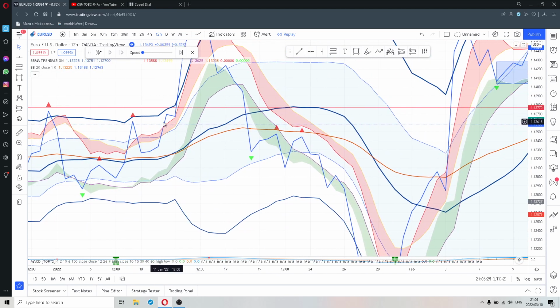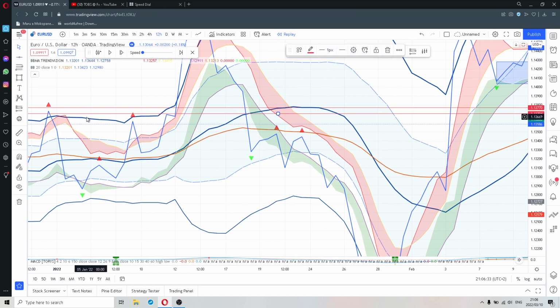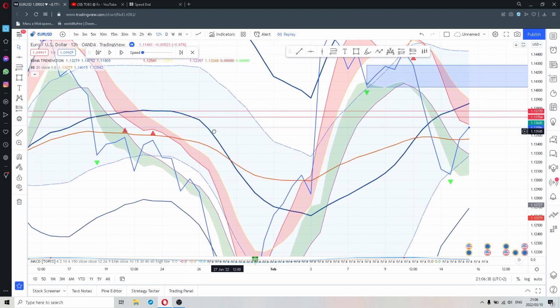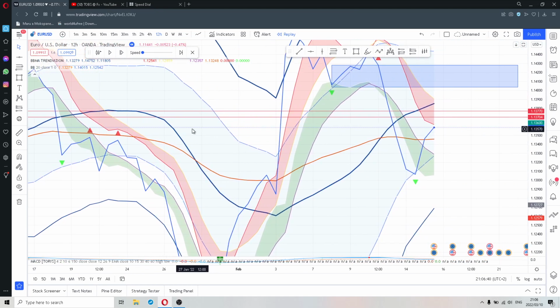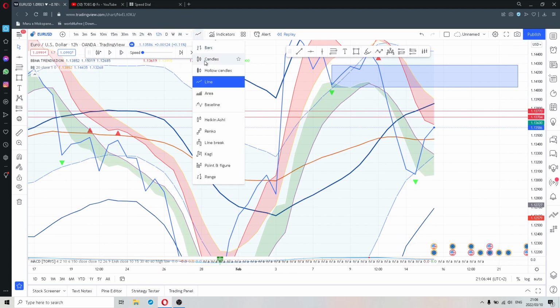On the line it doesn't show that good, but what I see on these lines is that we have this area there that's touching there, and yes, okay, then let's go back to our candles.